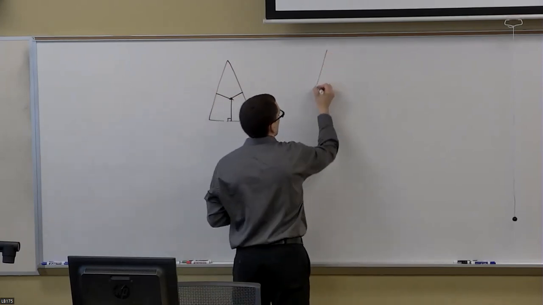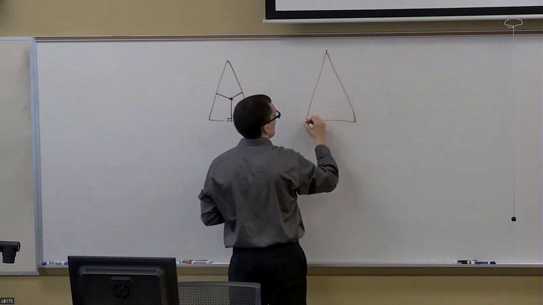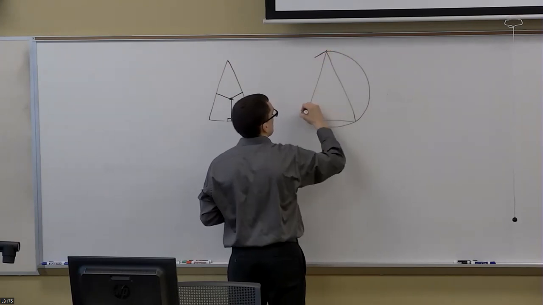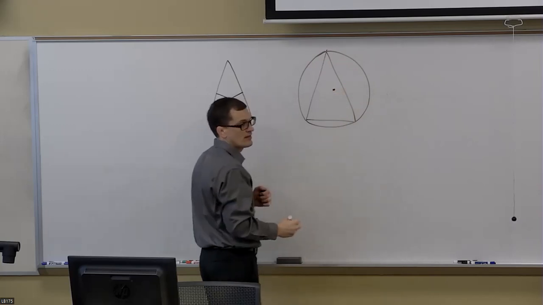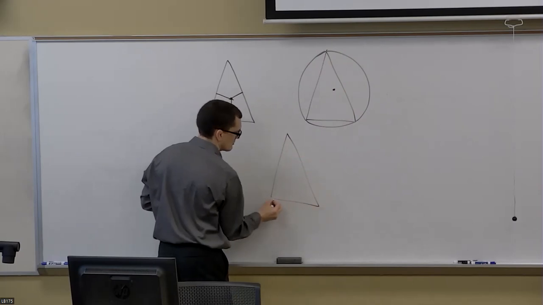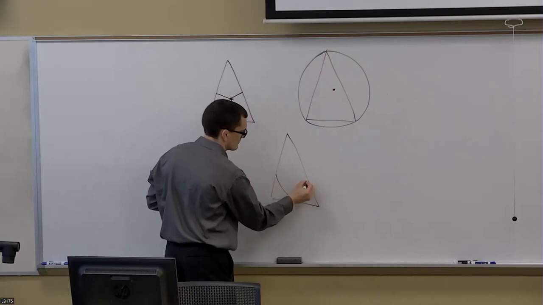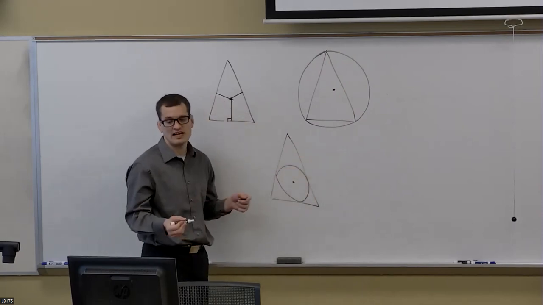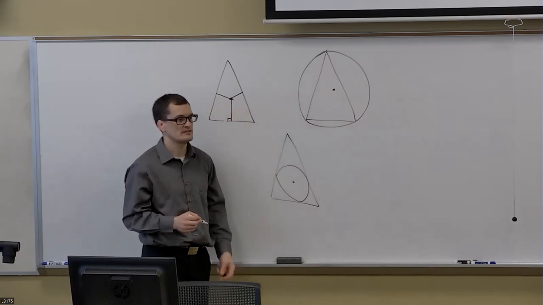Another way to find the center of a triangle is to draw a circle that is around and touches all 3 points, and then find the center of that circle. Okay. Another way is to draw a circle inside, and find the center of that circle. And it turns out these points are often different.